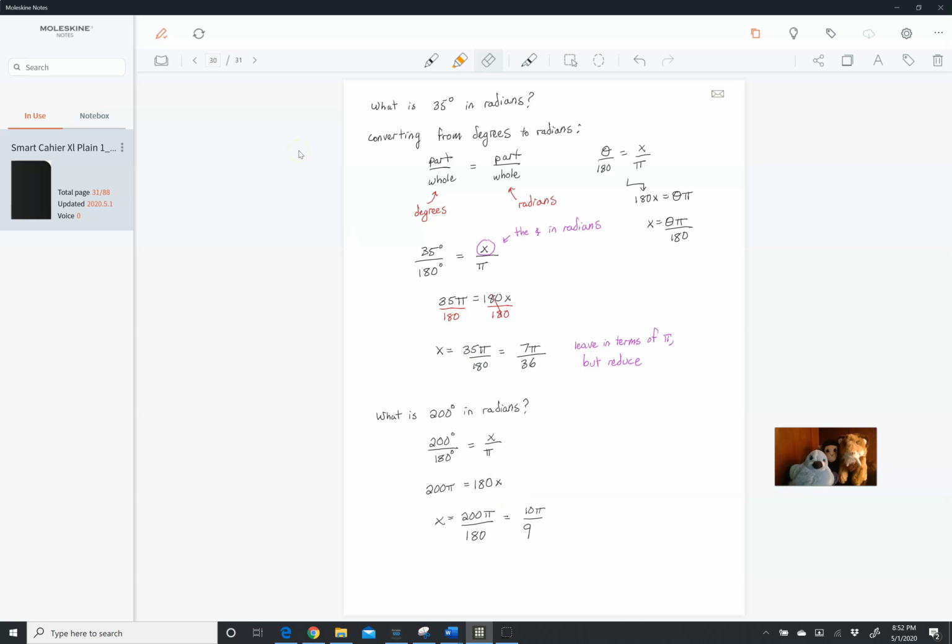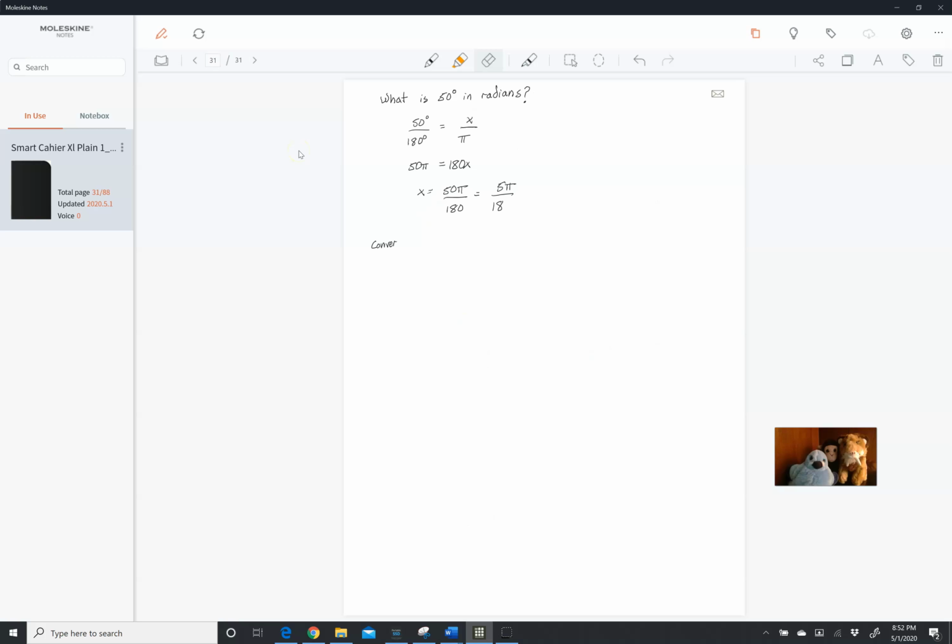Okay, so let's convert from radians to degrees. Typically our angles in radians are in terms of pi, meaning that the angle that you're given has a pi in it. But let's say it doesn't, okay? So we have two different possibilities.